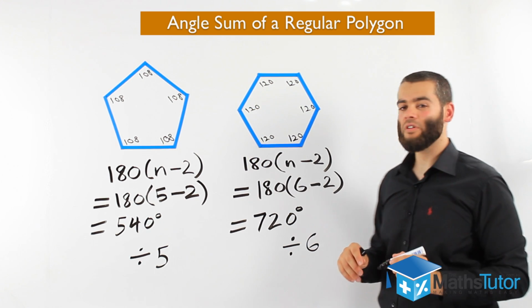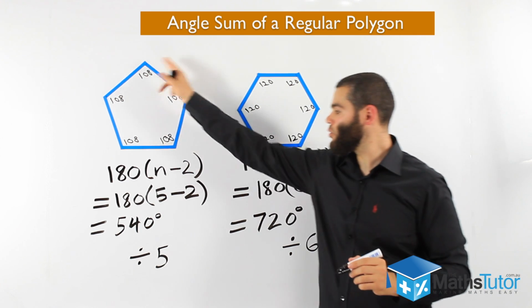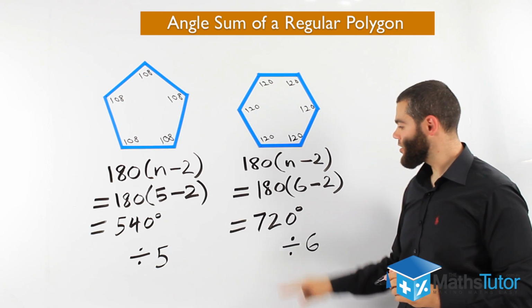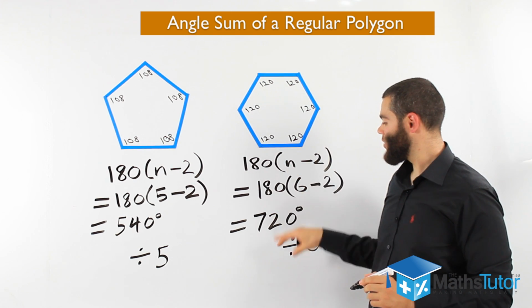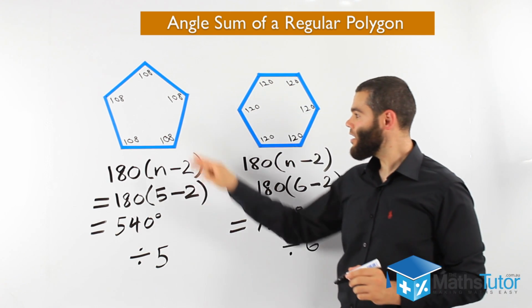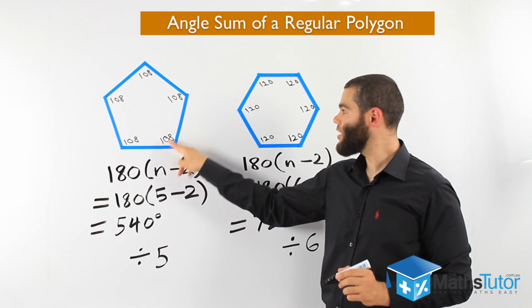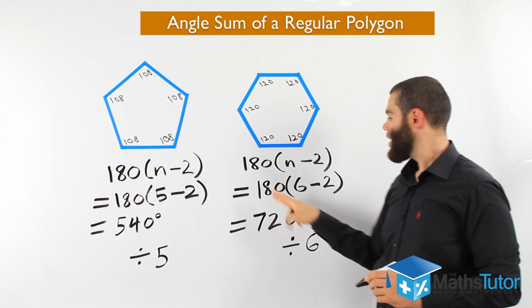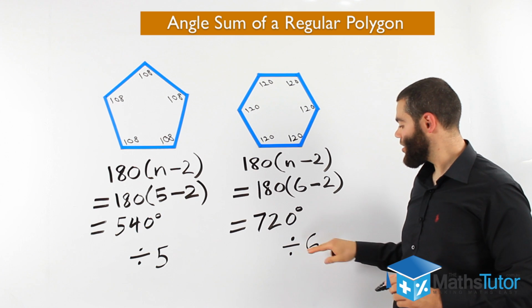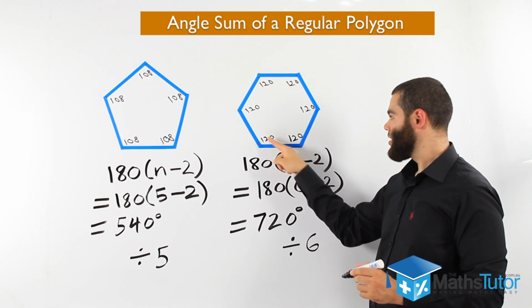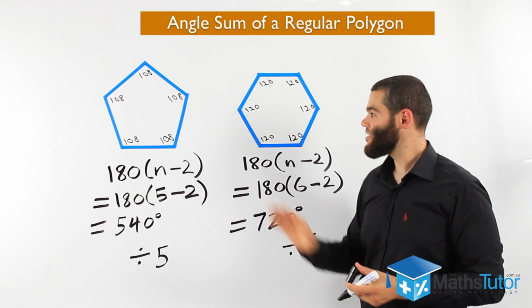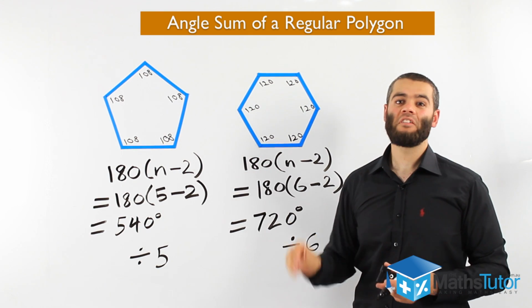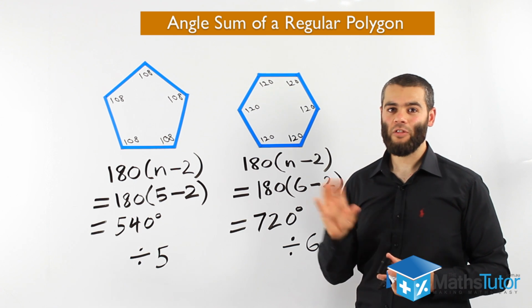So it's very important to know that the angle sum is the total, which is 540 for the pentagon and 720 for the hexagon, and if you want to find only one angle, you divide by how many angles there are. 540 divided by 5, 108 each, and 720 for the hexagon divided by 6 angles, that means 120 each, and that will work for all polygons. This is a formula, make sure you memorize it, it's going to become very handy throughout high school.